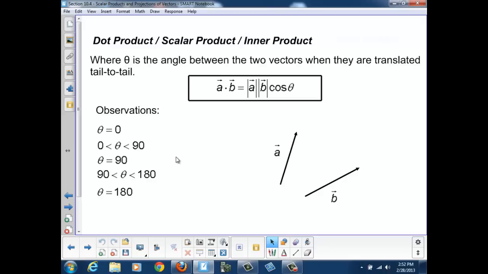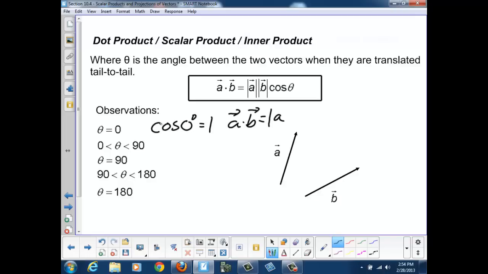So we keep the maximum angle between the two vectors to 180 degrees. If theta equals 0, then our formula simplifies because the cosine of 0 degrees is equal to 1. So the dot product at that point, A dot B, is simply equal to the product of the magnitudes.